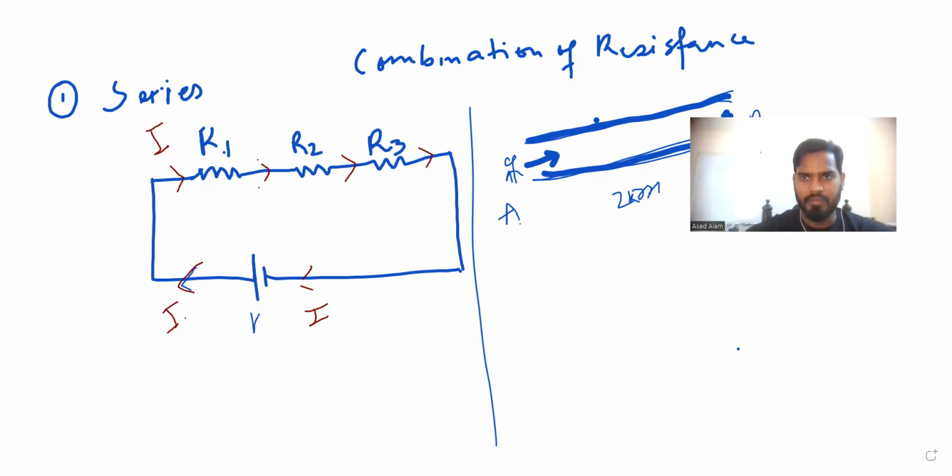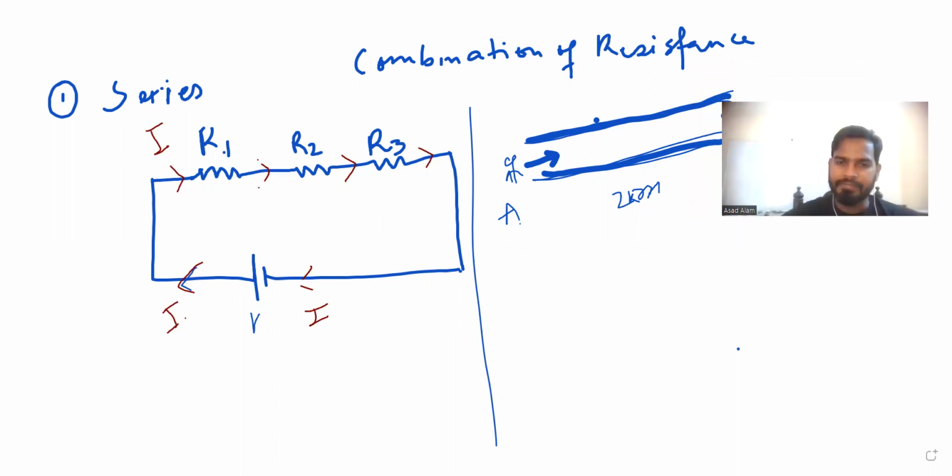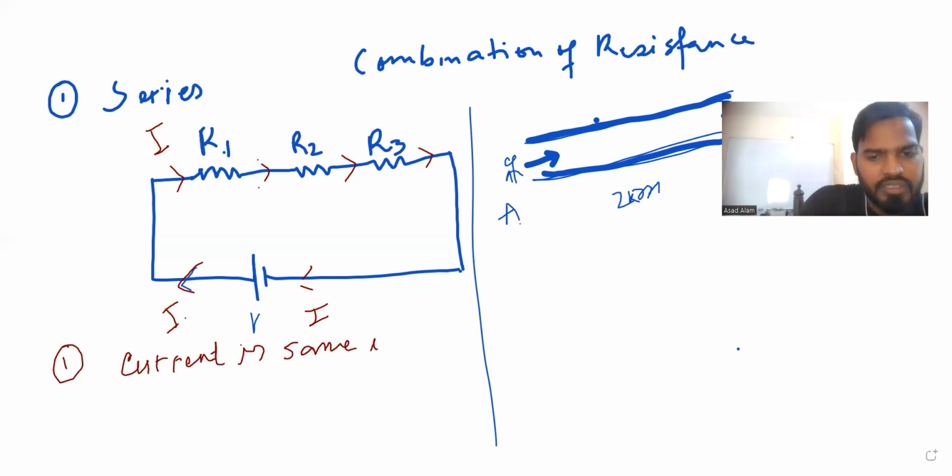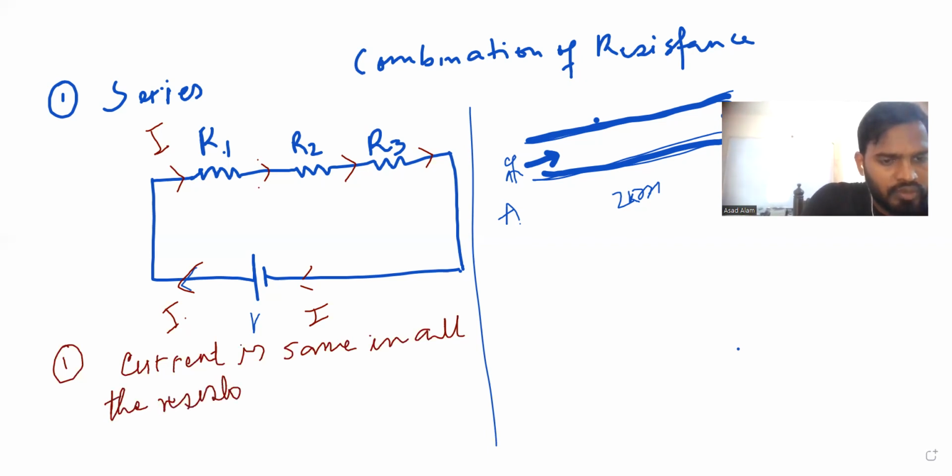Now let's see what is the same in series. In series, current is the same in all the resistors. Got it?